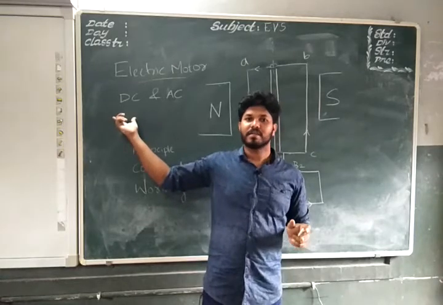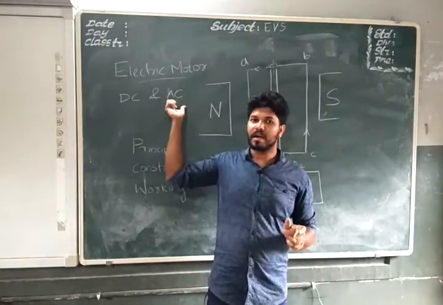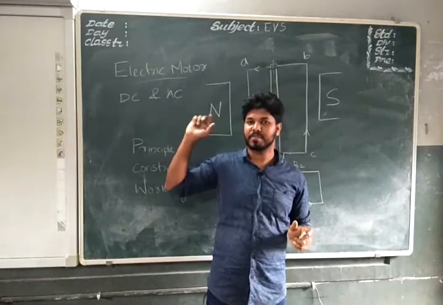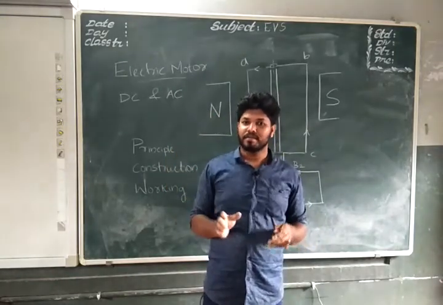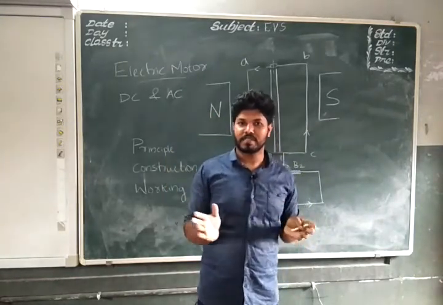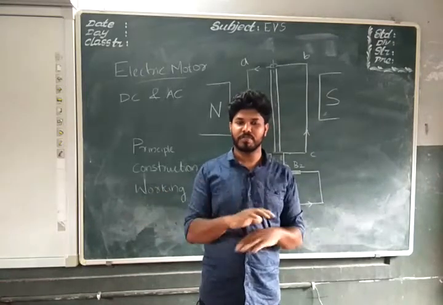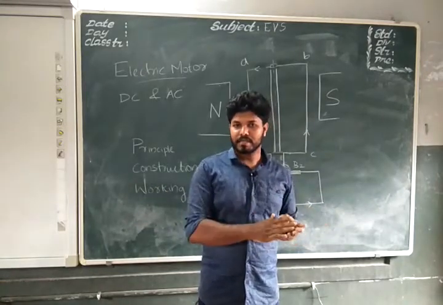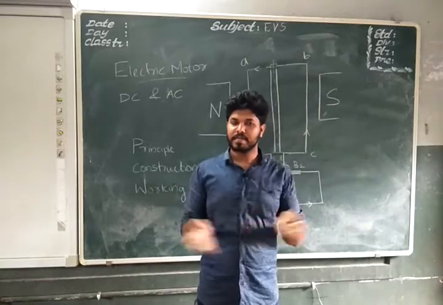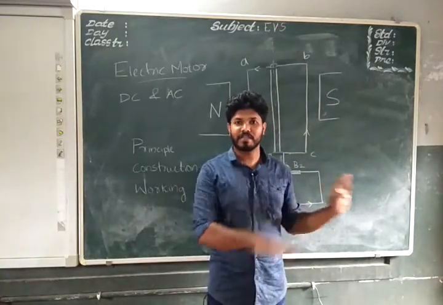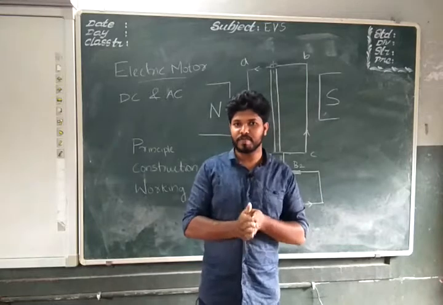DC is direct current and AC is alternating current. Alternating means it does not have a fixed positive or negative. Its negative and positive keep changing, 50 times in a second or 100 times in a second. That we will discuss later. Don't be confused by those terms.